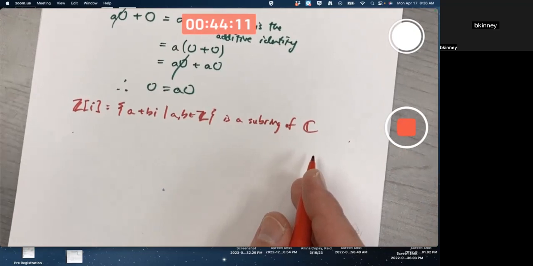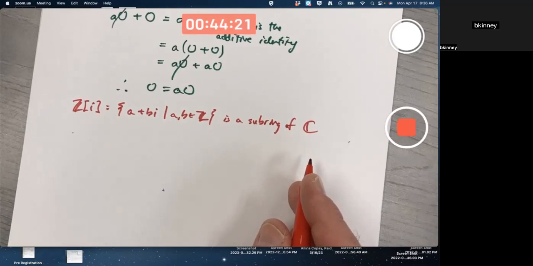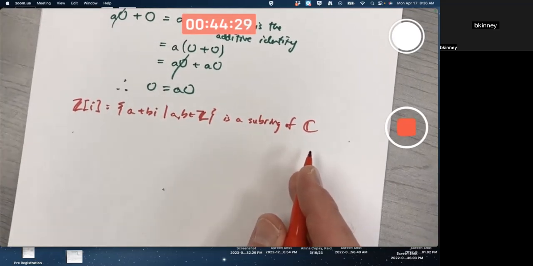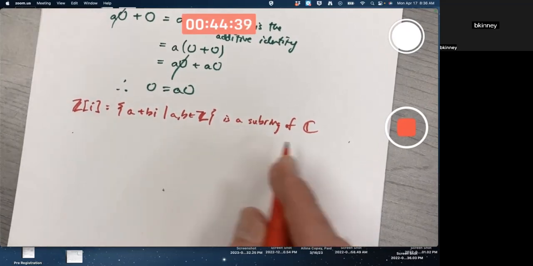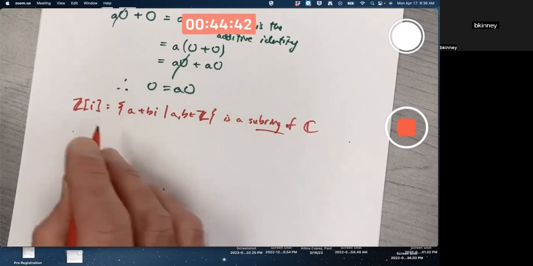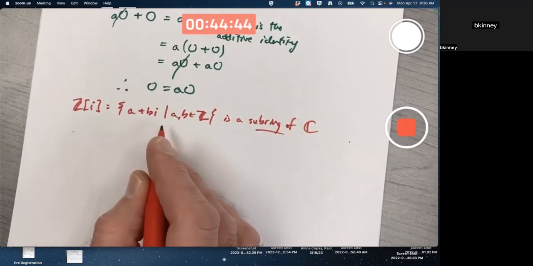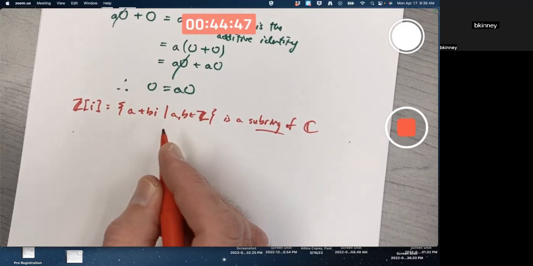A field is an abelian group under addition, as all rings are, but the non-zero elements also form a group under multiplication. C star, where we take C and remove 0, is a group under multiplication. Every non-zero element has a multiplicative inverse. But Z[i] is not a subfield of C, it's a subring. This is not a field. But it is a subring.